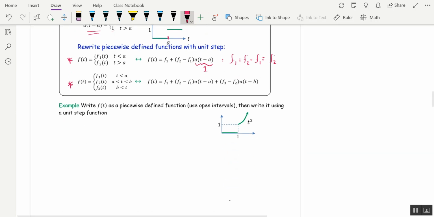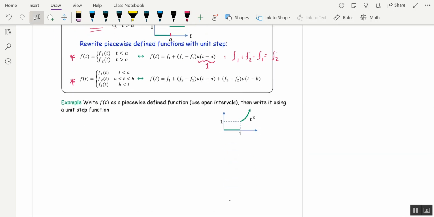So let's try it out. We're going to write f as a piecewise defined function using open intervals, and then use the unit step function to rewrite it. So f of t is, well, I can see I'm at 0 until I get to t equal 1. So 0 if t is less than 1, and then once I get to 1, it's t squared. So t squared if t is bigger than 1.